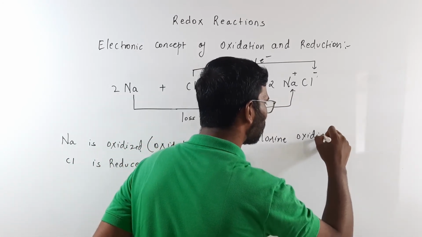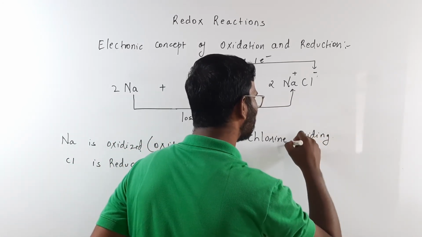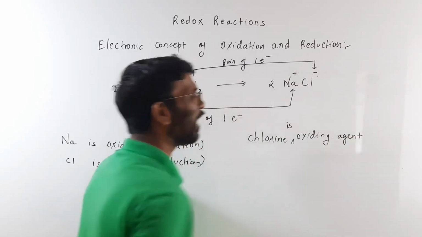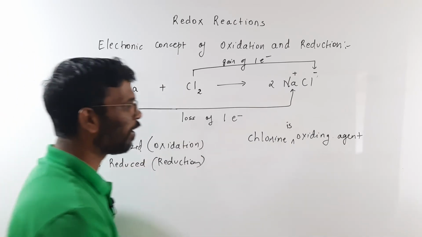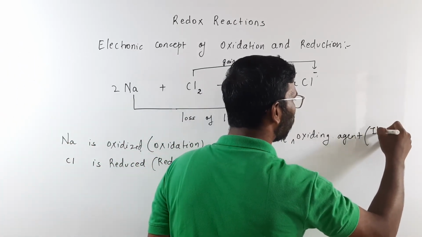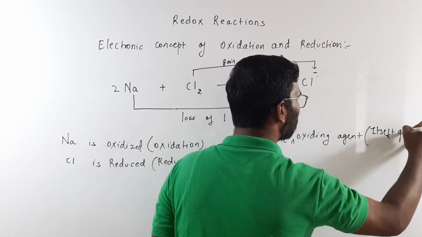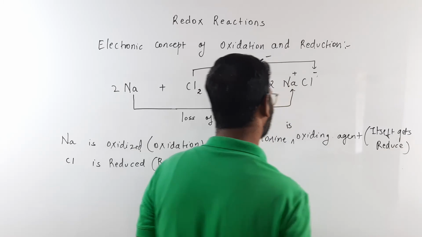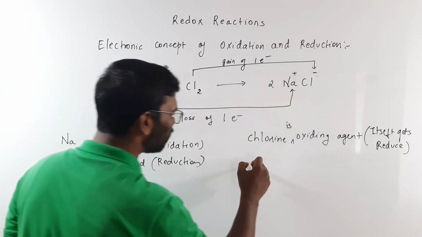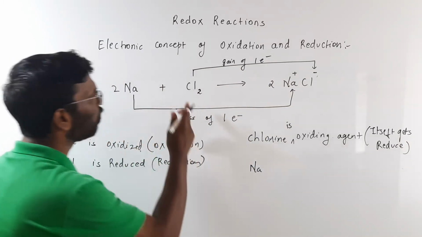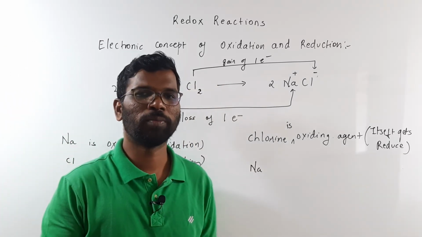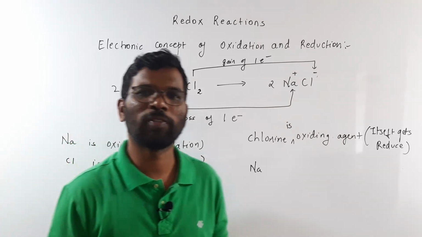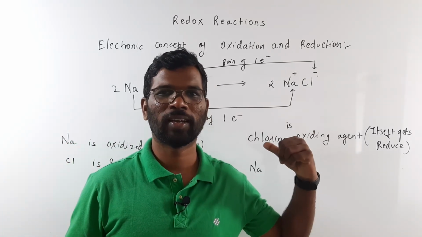So chlorine is the oxidizing agent. Remember this, the oxidizing agent itself gets reduced. And what about sodium? Chlorine is going from 0 to -1, accepting 1 electron. From where will chlorine accept if no one is there to donate, right?